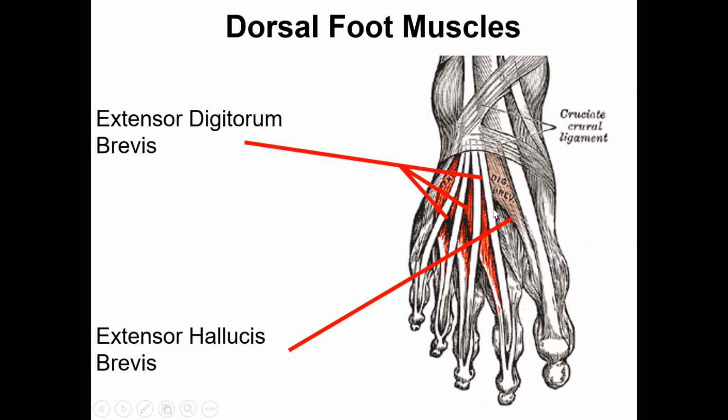Extensor digitorum brevis, found on the anterior or the dorsal surface of the foot, is going to also be contributing to the extensor digitorum longus function, which was extending the toes. And then extensor hallucis brevis is, again, the shorter version of this muscle found on the dorsal surface of the foot that is going to be contributing to the extensor hallucis longus function, which is extension of the great toe.